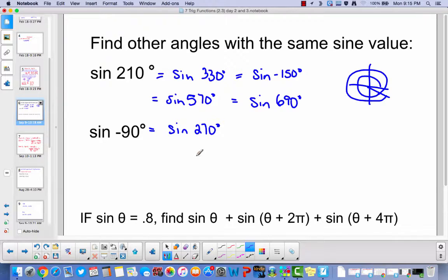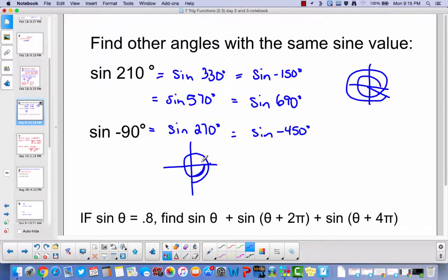Same thing with the sine of 270. We could say it's the sine of negative 90. We could continue going on around and have negative 90 plus 360, so it would be the sine of negative 450 degrees.